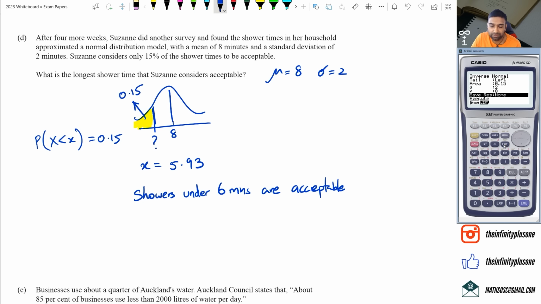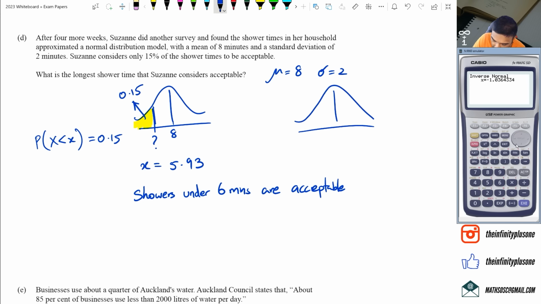I would draw the diagram, definitely. I'd draw the diagram, and then what I would do is go into standard deviation of 1 and mean of 0. And when I do this, I actually get negative 1.036. So from here, you could draw the same graph again, color this up, and then put the mean is equal to 0, standard deviation is equal to 1, which means this value here, Z, is equal to negative 1.036.